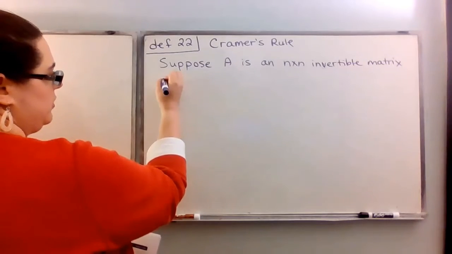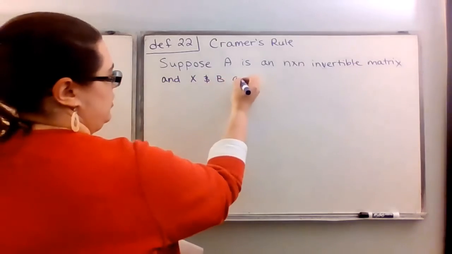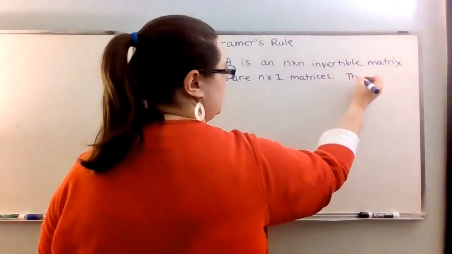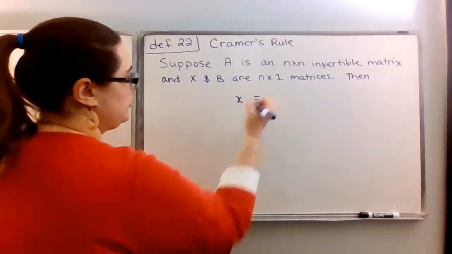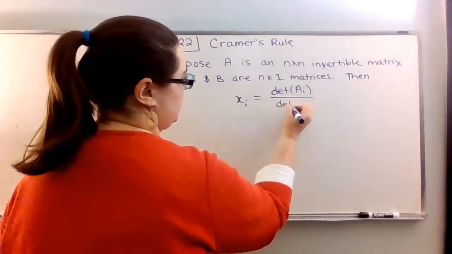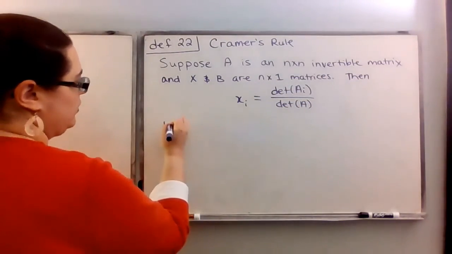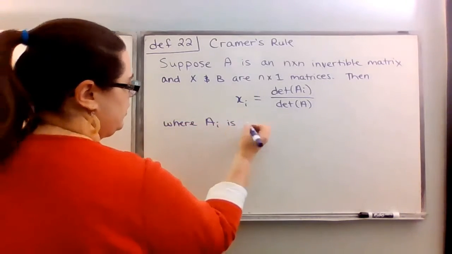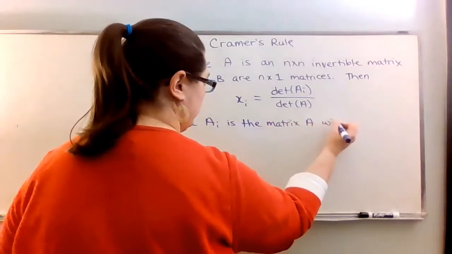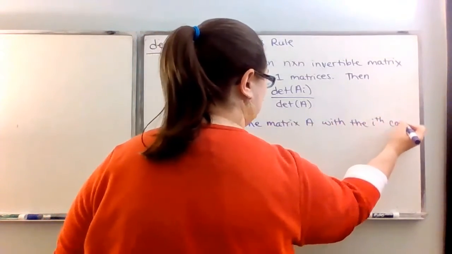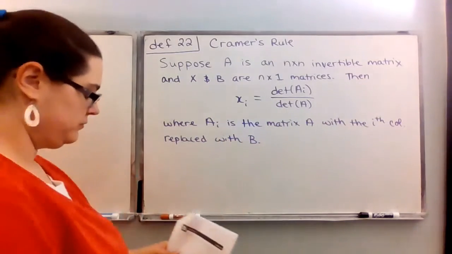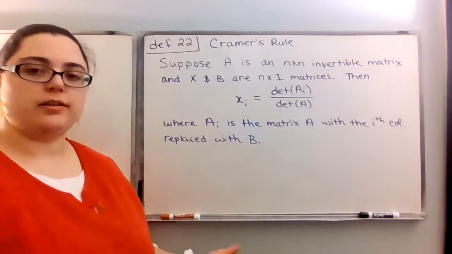And X and B are n by 1 matrices. Then little x sub i is equal to the determinant of capital A_i over the determinant of A, where A_i is the matrix A with the ith column replaced with B. So this is essentially just summarizing what we saw in notes 11 and 12.